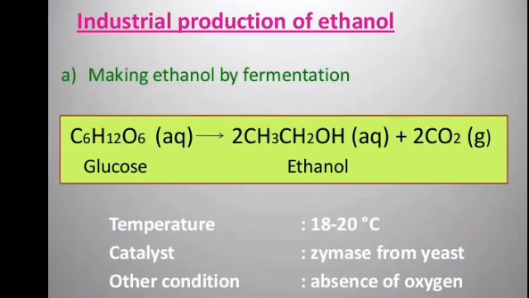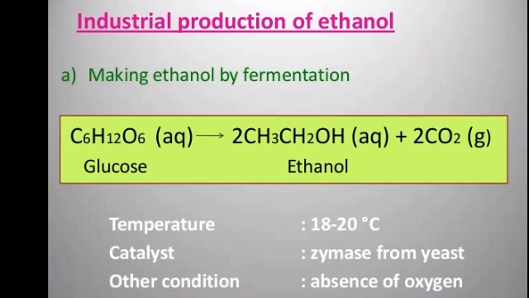Now we will see the industrial production of ethanol, how ethanol is made. First, making ethanol by fermentation. We know that glucose, that is C6H12O6, is converted into ethanol, that is CH3CH2OH, plus carbon dioxide, at a temperature of 18 to 20 degrees Celsius with the help of an enzyme known as zymase, which is obtained from yeast.